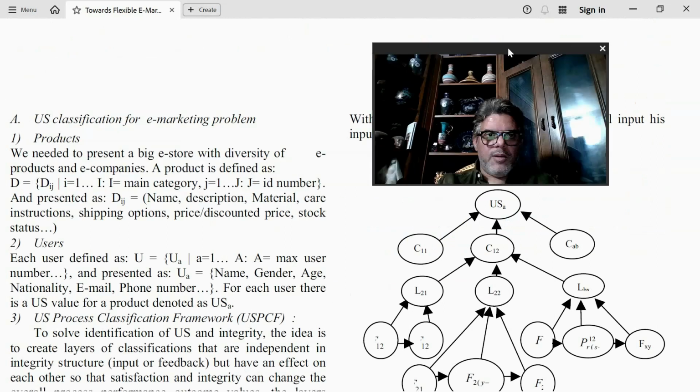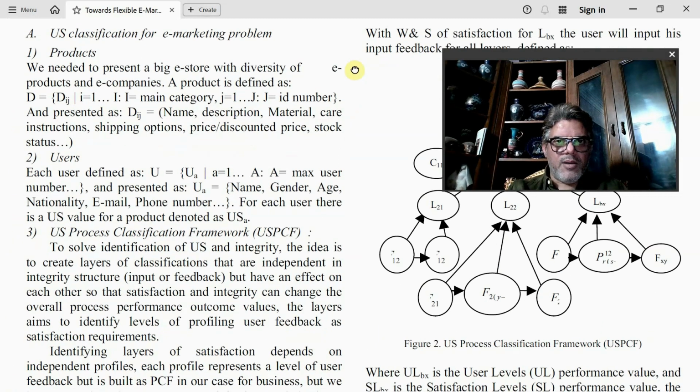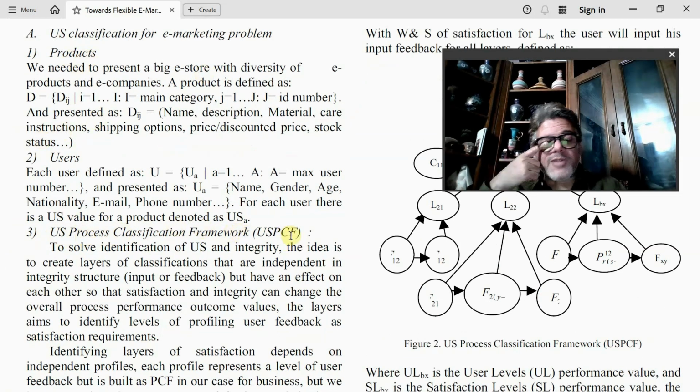Okay. So now we're going to talk about user satisfaction classification for e-marketing problem. How do I classify the data? The data will be classified as product, user, and user satisfaction process classification framework. So the PCF is the life cycle.